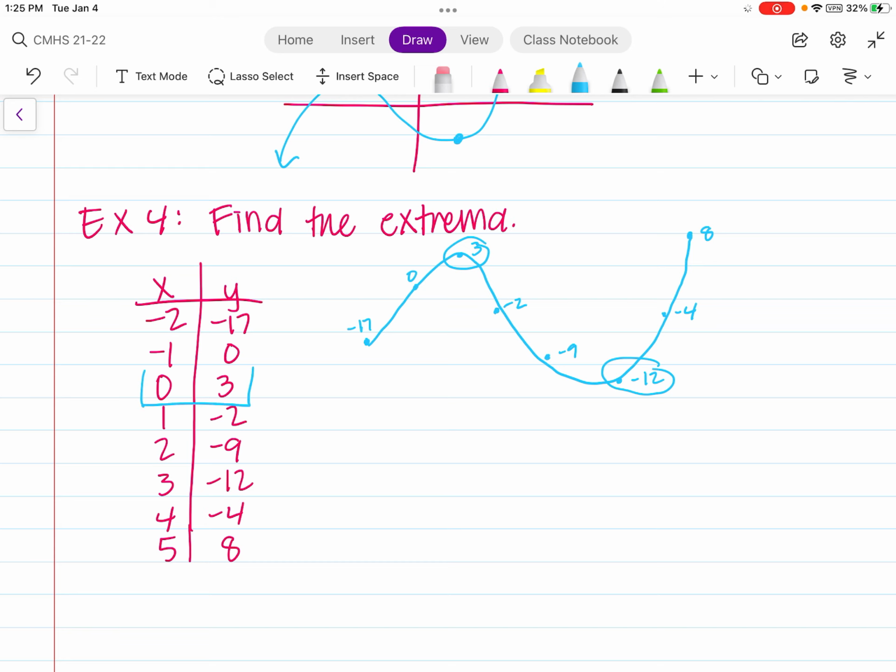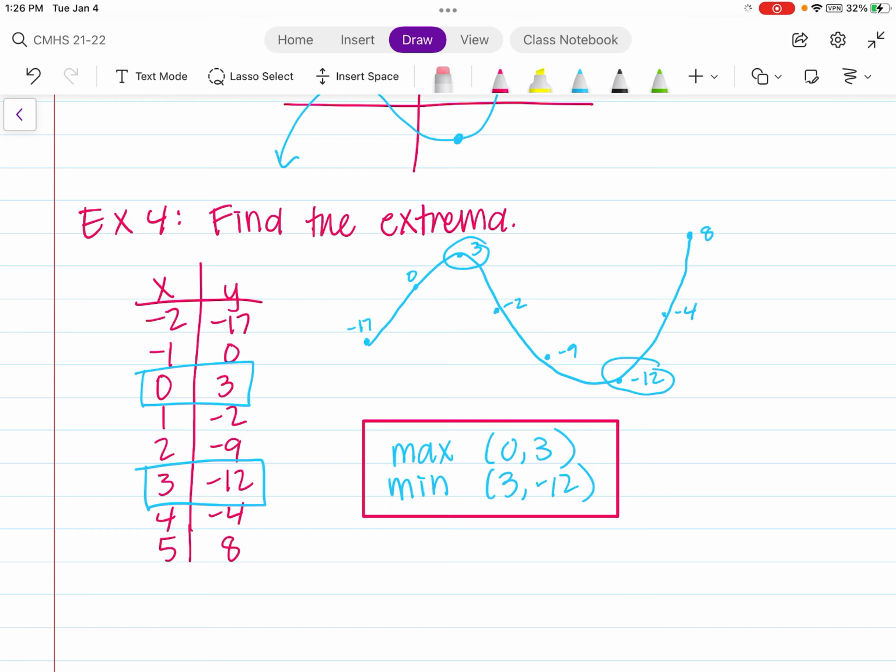So right here, there is a max at 0, 3. And there is a min at 3, negative 2. And that is kind of what I do.